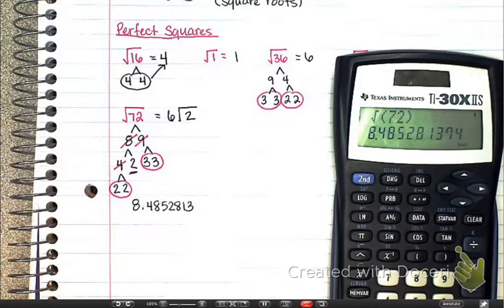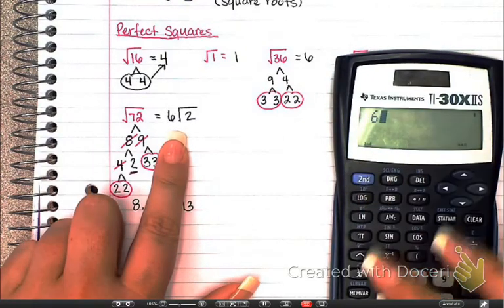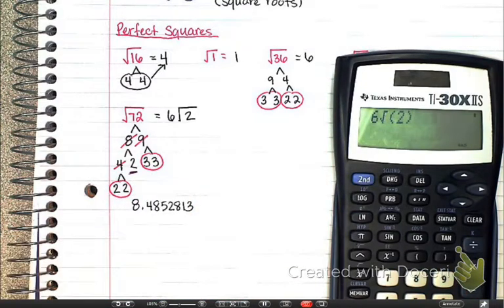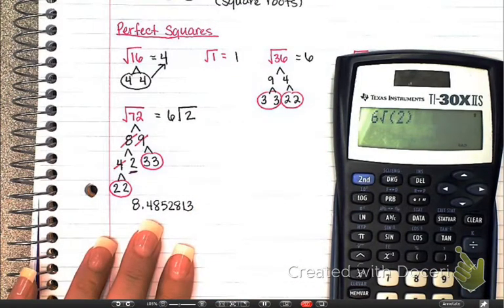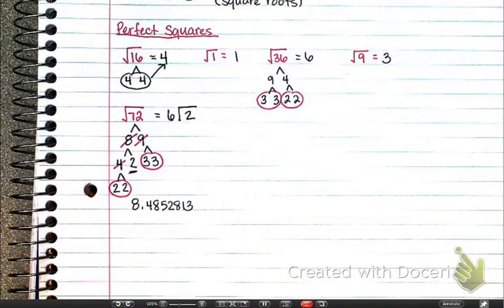Okay? Well, what if I also plug in 6 square root of 2? What do you think my answer is going to be? Should be the same thing. Is it the same thing? Yeah. Okay, so this is known as simplest radical form.